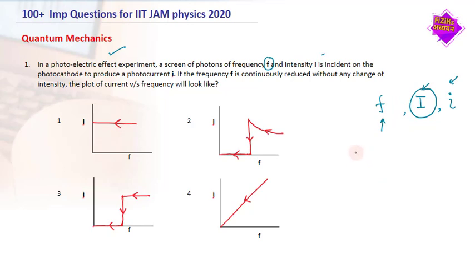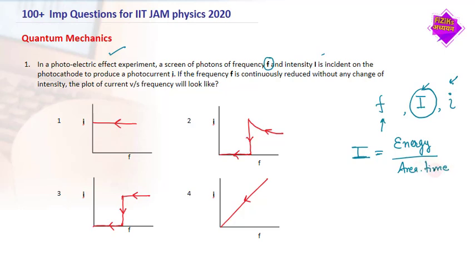So see, this is a very simple question. This question only needs the definition of intensity and the result of the photoelectric effect, which shows that energy is quantized. Let's start with the intensity. Intensity is energy per unit area per unit time.